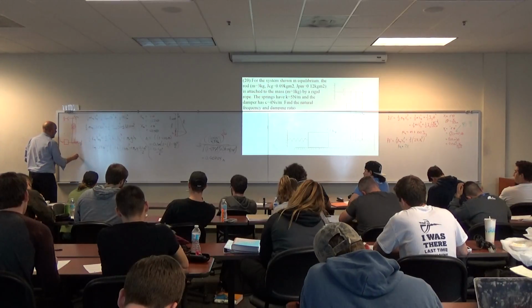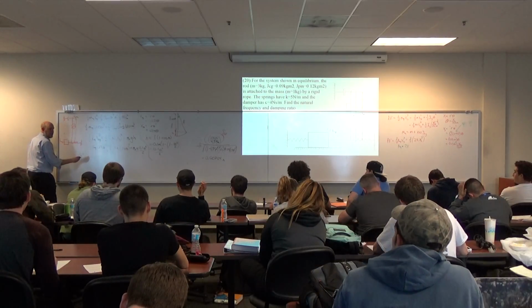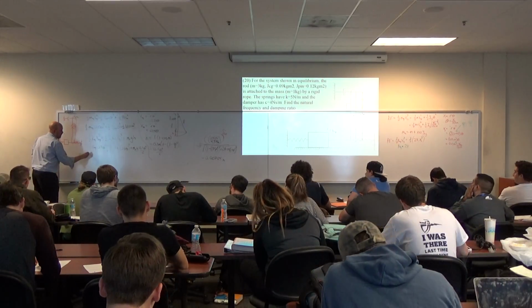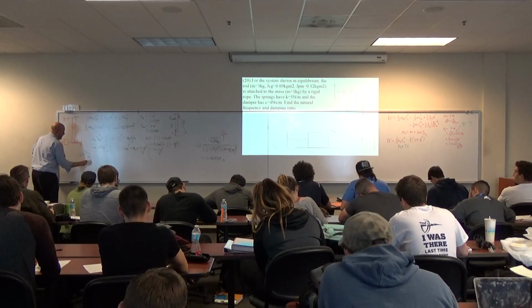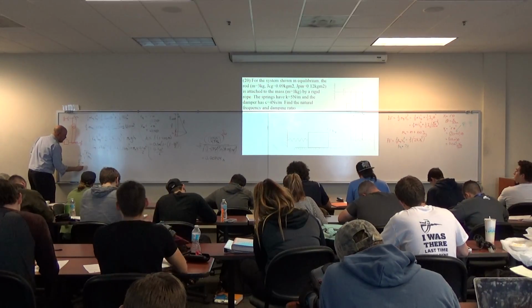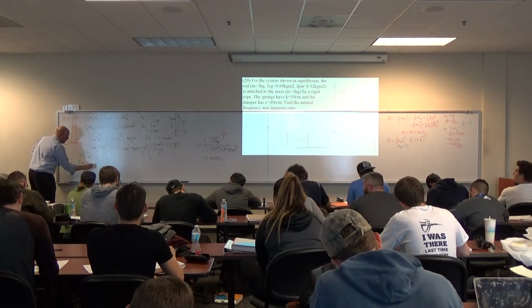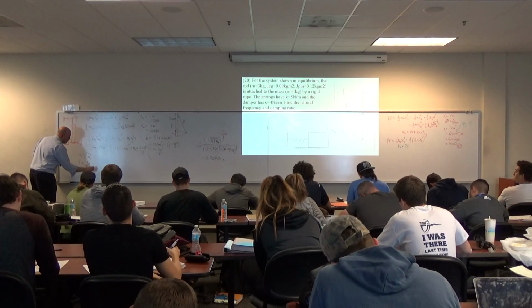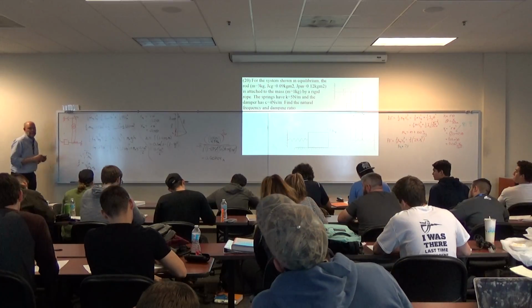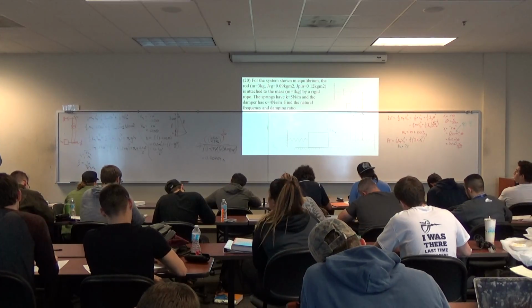And then omega n is from k equivalent, and zeta. What's the equivalent going to be?